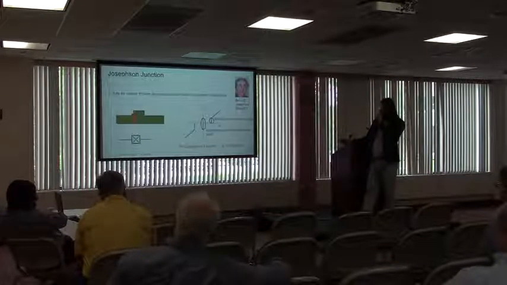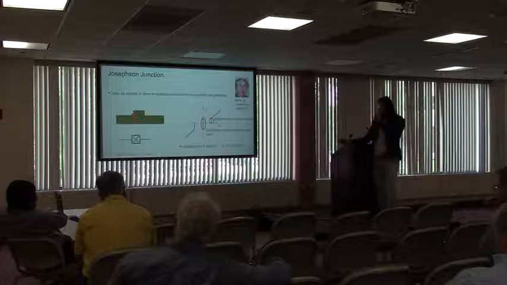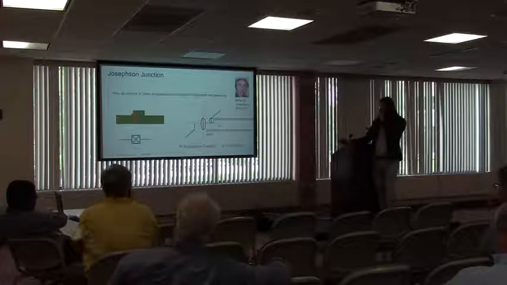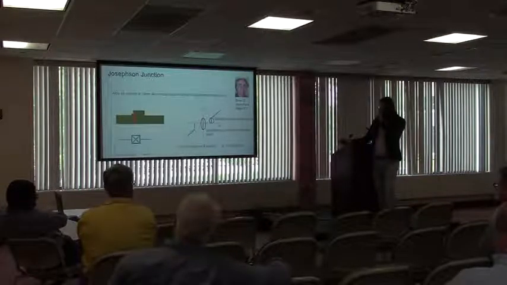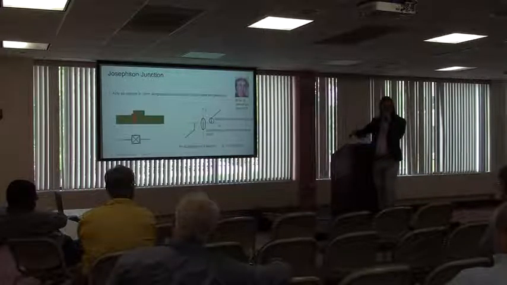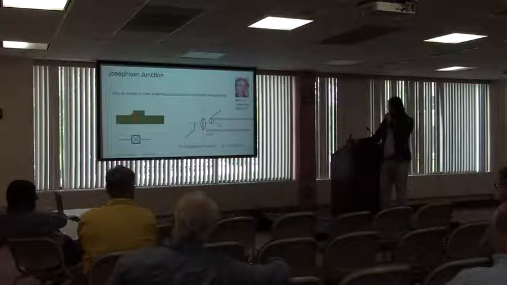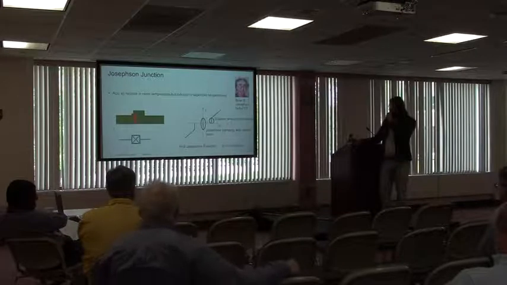So in this scheme, you are working more in the traditional regime of things, where you are tunneling electrons across. But until you get there, you are tunneling Cooper pairs, basically 2 electrons that are always traveling together, and there's no electron tunneling in this regime.